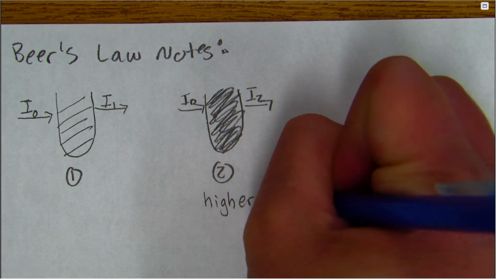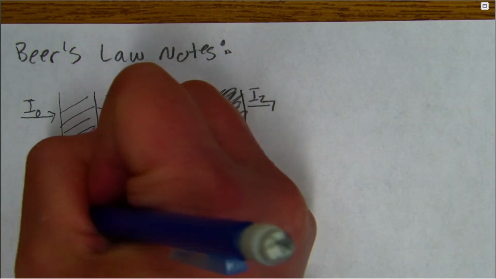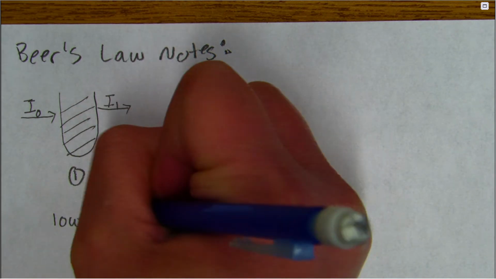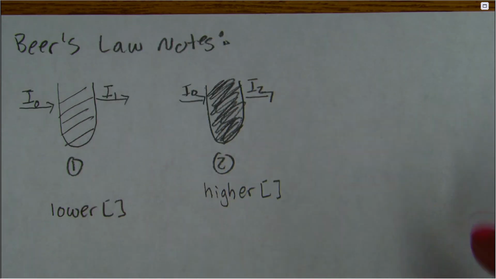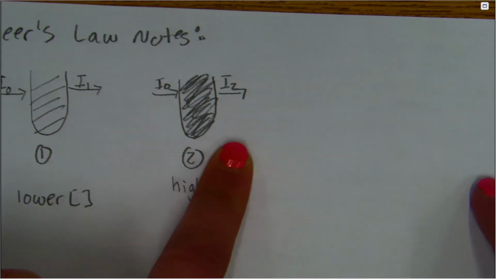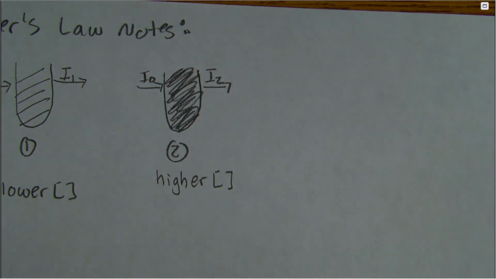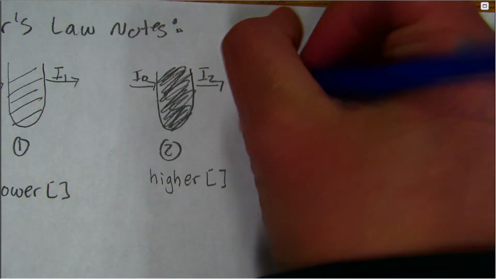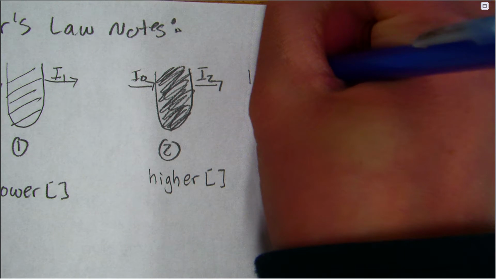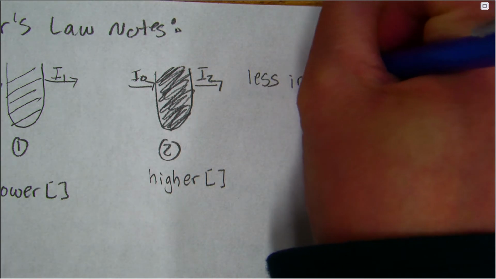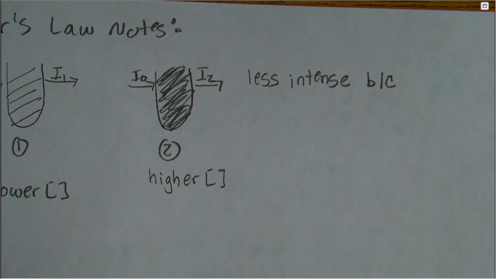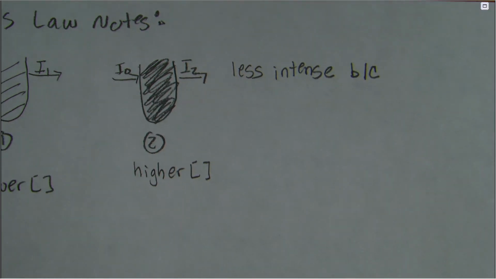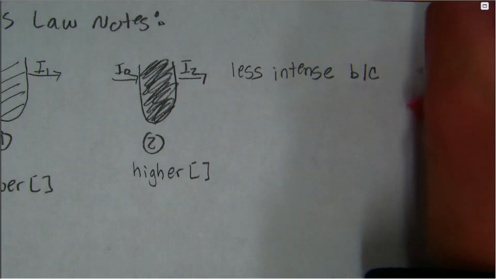We know that through its color. Cuvette 1 has a lower concentration. It is more dilute. So this is going to overall be less intense, because more concentration of solution means less light is allowed to pass through.